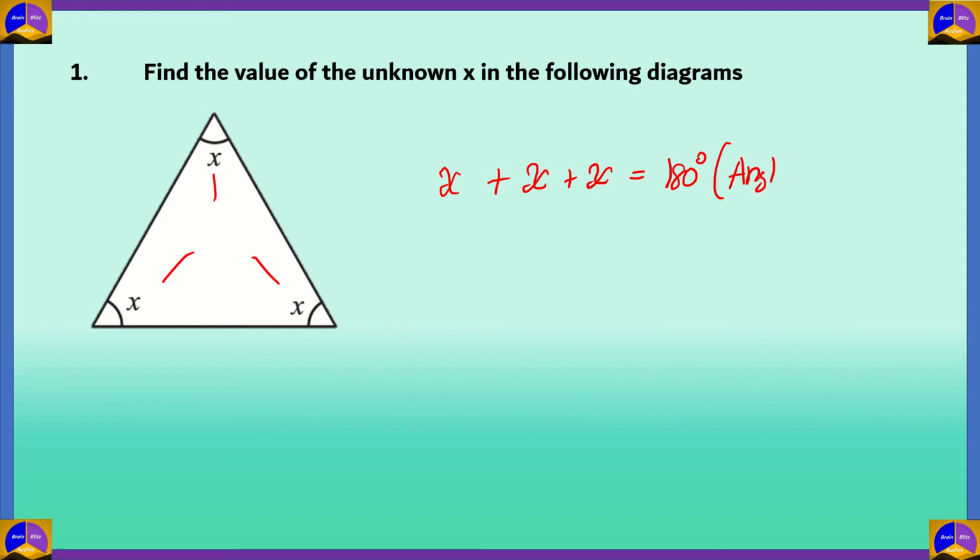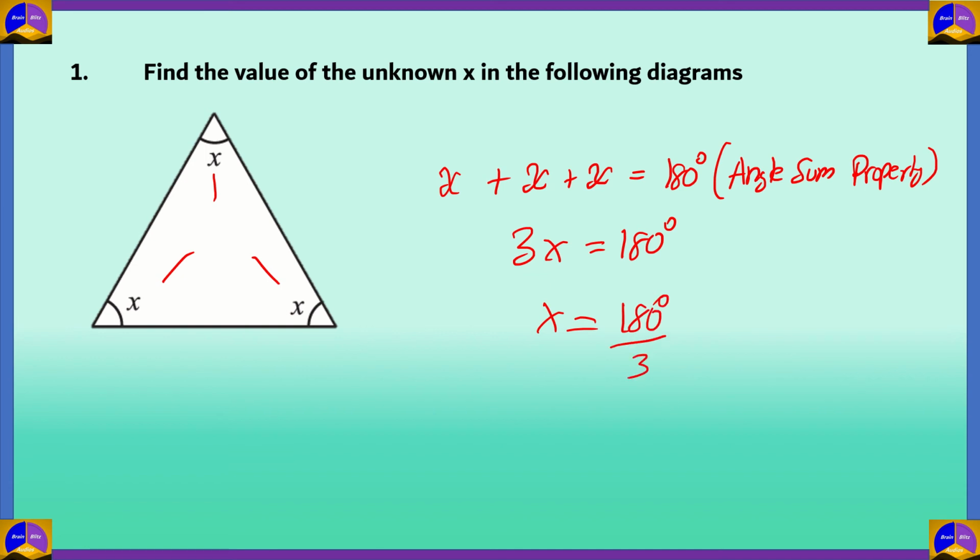The reason: angle sum property. So x plus x plus x can be written as 3x, which would be equal to 180 degrees. x would be equal to 180 degrees divided by 3, which would be equal to 60 degrees. So in this diagram, x is equal to 60 degrees.